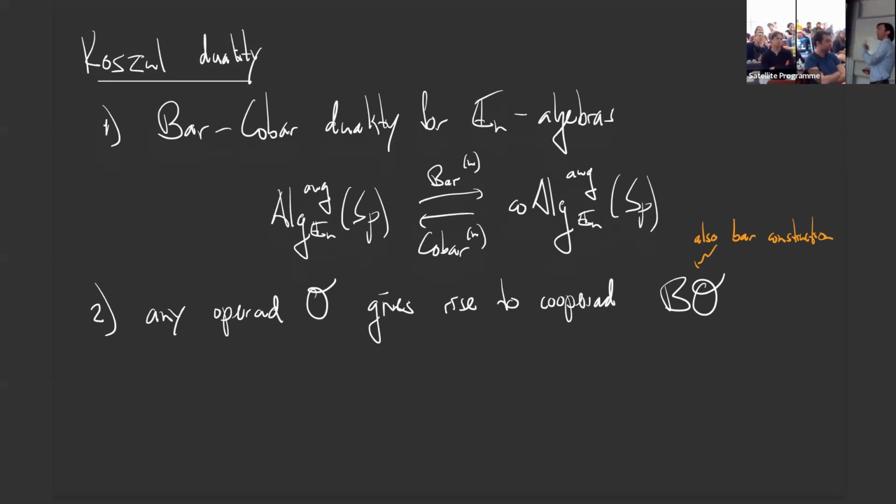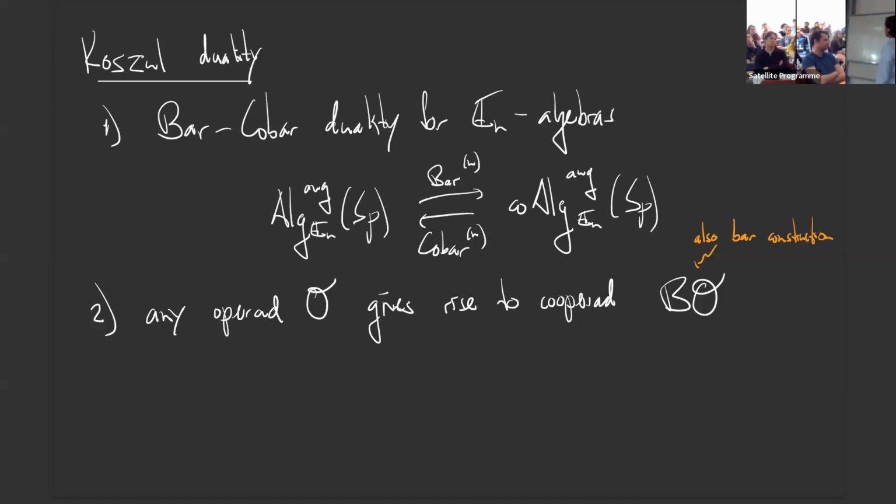So it being an associative algebra, you can perform a bar construction, and it gives you something that's then a coalgebra in symmetric sequences. That's what a cooperad is. So this is also the bar construction. I've written it BO instead of bar O just to not get confused between these two different things going on. One is about algebras, the other is about operads.